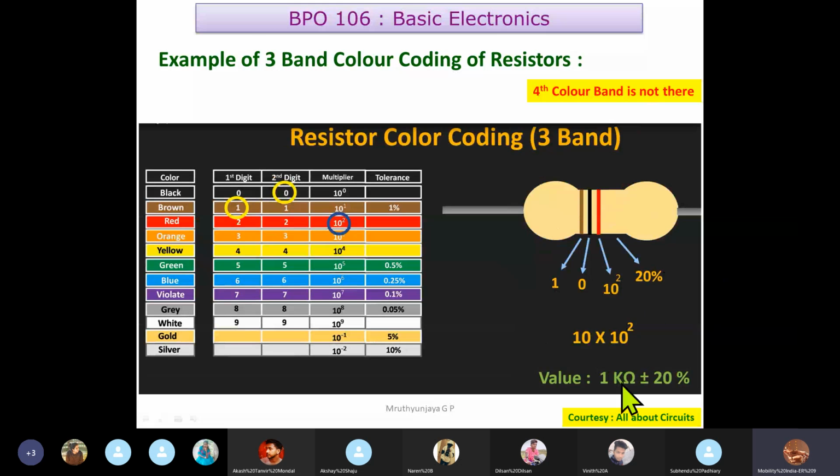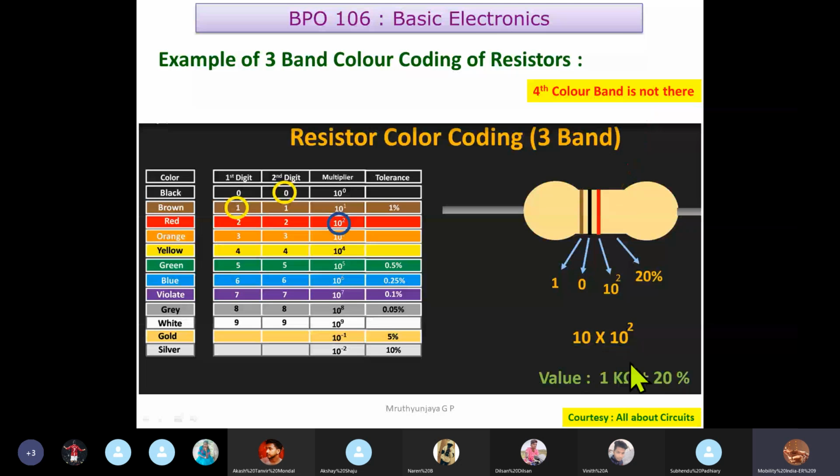In this example, it is 1 kilo ohm plus or minus 20% since there is no band. How we apply the tolerance: on 1 kilo ohm, 20% tolerance will be 20% of 1 kilo ohm. For easy understanding, 1 kilo ohm is 1000 ohms. So 20% of 1000 is 200 ohms.